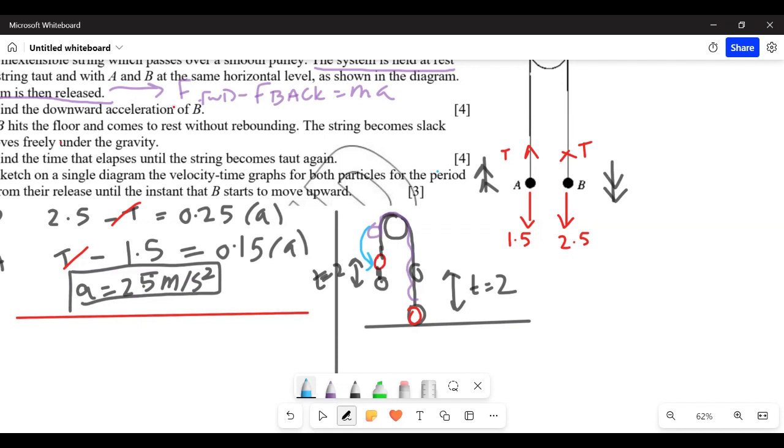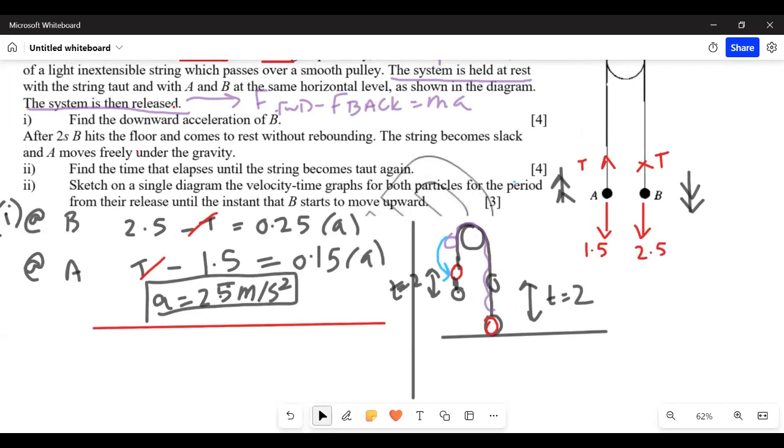Okay, so let's see what we can do. At this point, for the second particle at the right, the v is 0 because it has come to rest. That means, no, we have to find the speed right before it hits the ground.